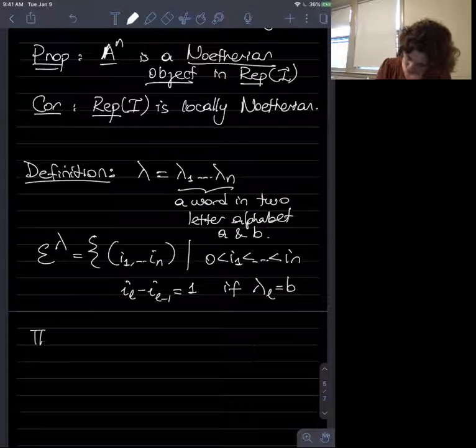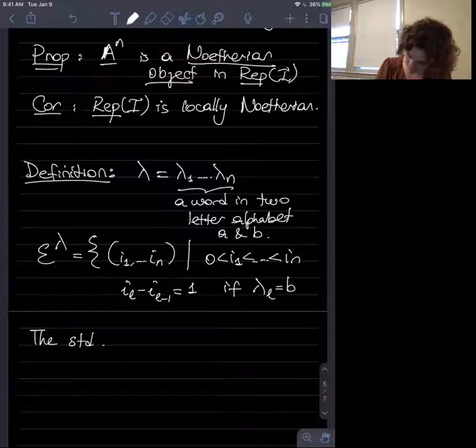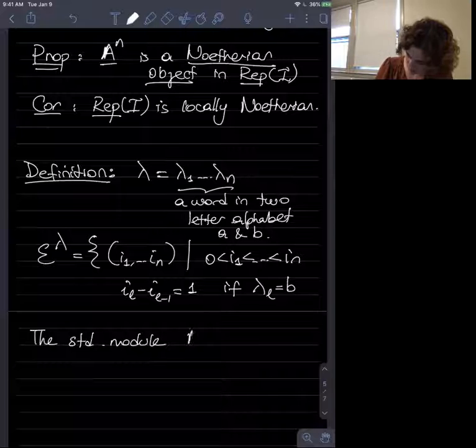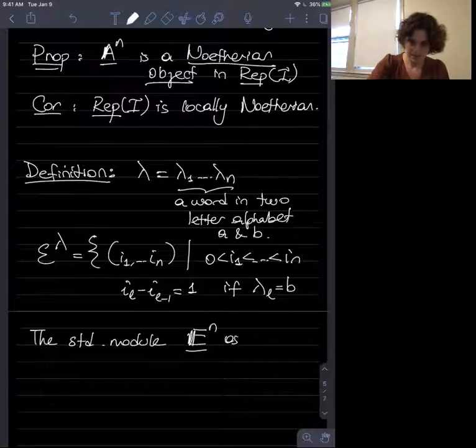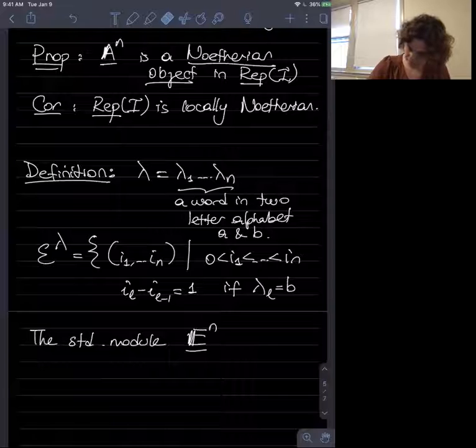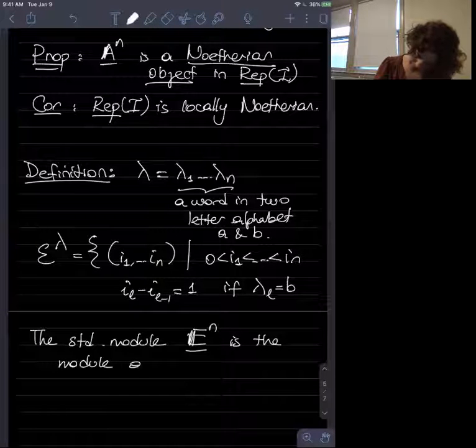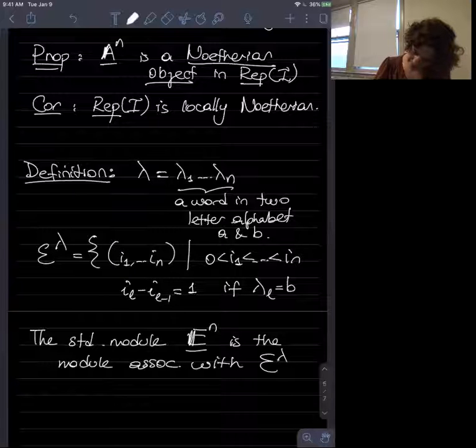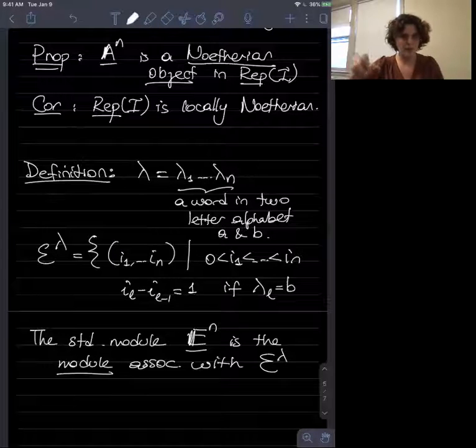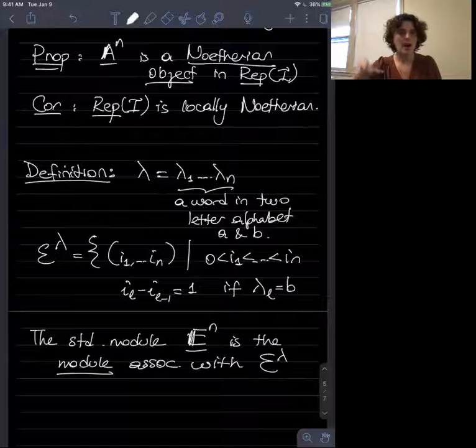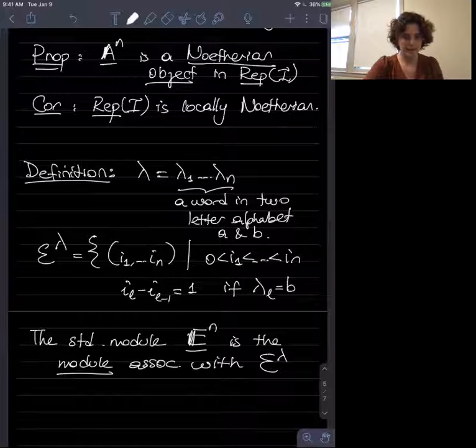So the standard module, which we denote as E_w, is the module associated with this index set. It is generated by all those E sub I1 up to In.